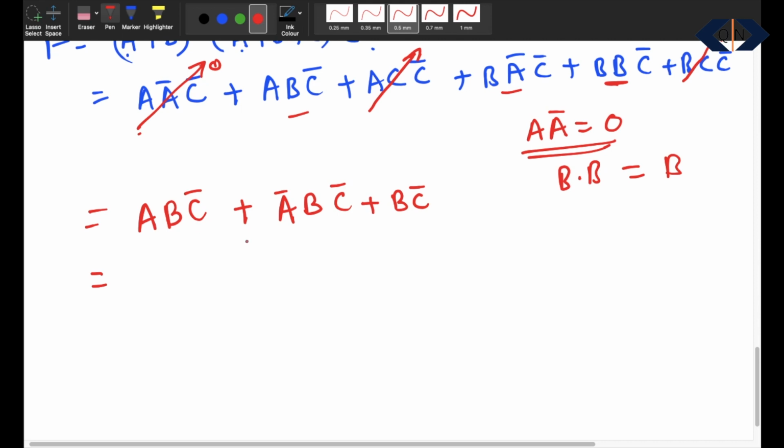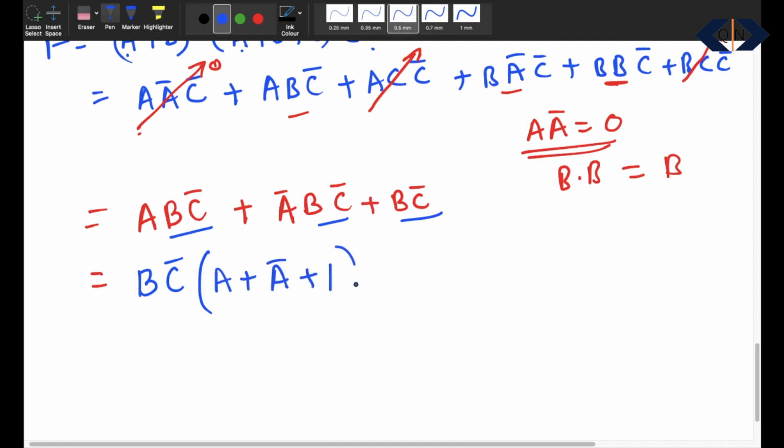So from here, can we apply the distributive property? Because we see B C bar common in all 3 terms. So let's take B C bar common, and here it will be A plus A bar plus 1.